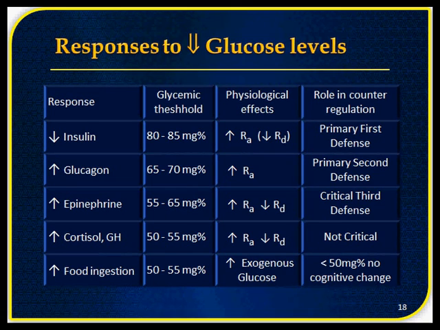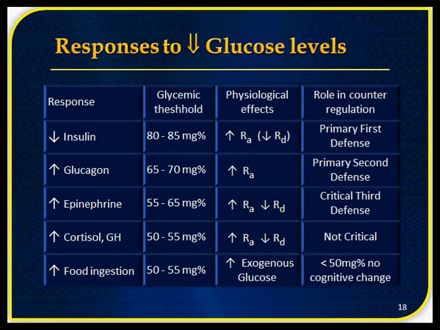So in response to decreasing glucose levels, what happens in the body? The first and primary defense, of course, is a reduction in the output of insulin from the pancreas. This increases the rate of appearance of glucose and also reduces the rate of disappearance of glucose. This occurs as soon as the blood sugar is around 80 to 85 milligrams per cent.